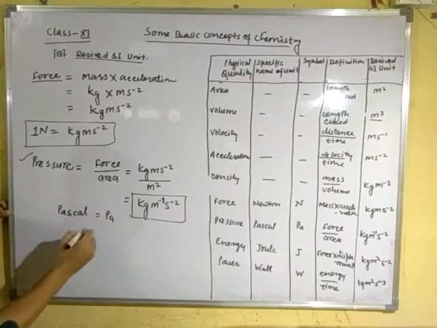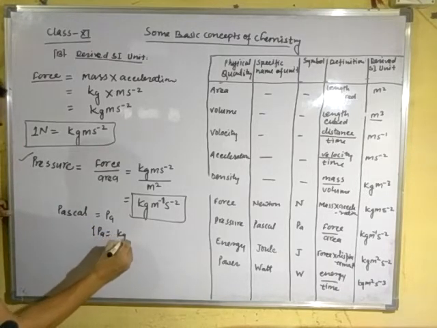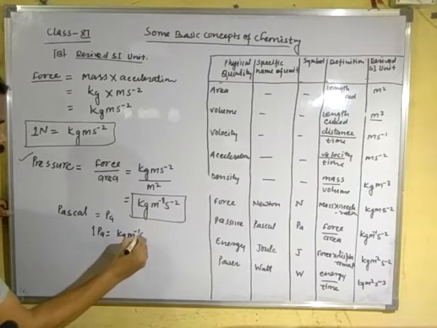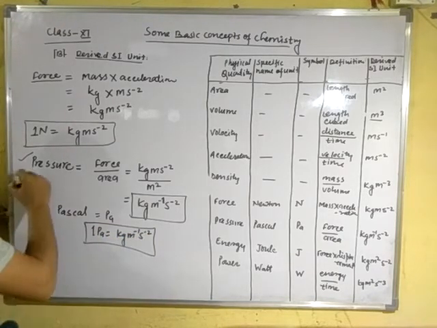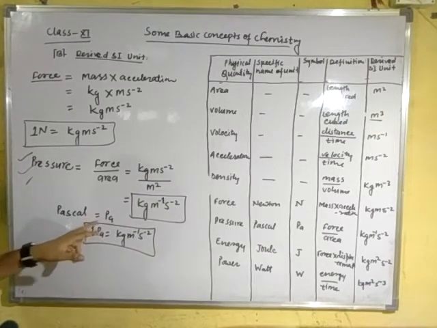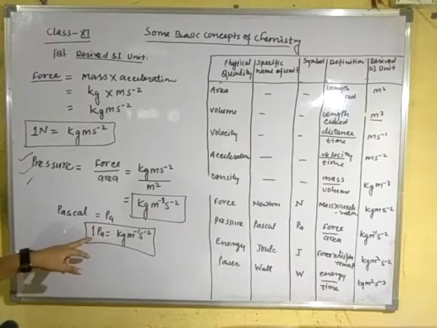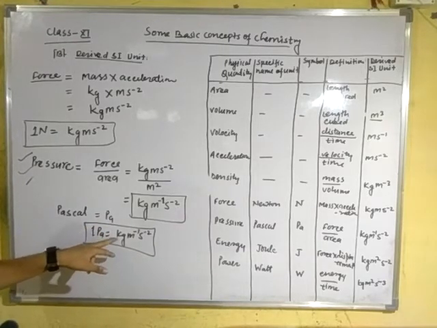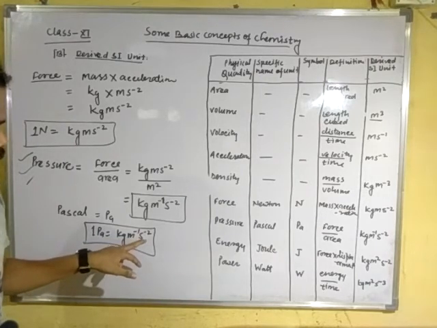You can write here 1 Pascal is equal to kilogram meter inverse second power minus 2.